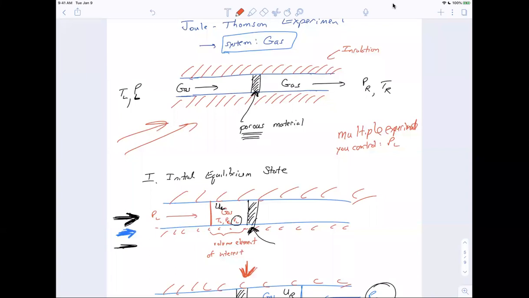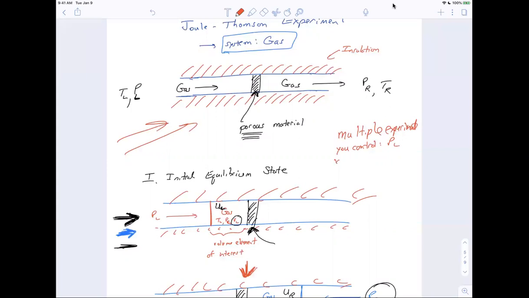If you do multiple experiments starting with different P lefts, you're going to get different P rights. And since delta P is just P right minus P left, you can control delta P by controlling P left.